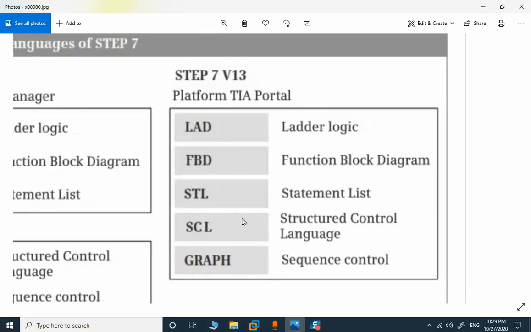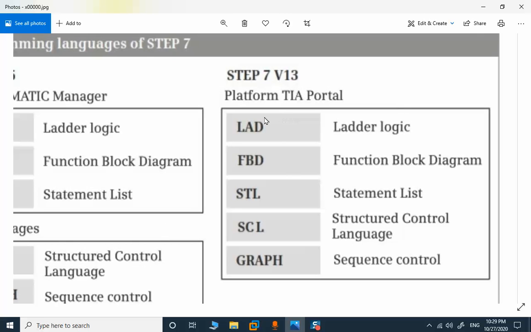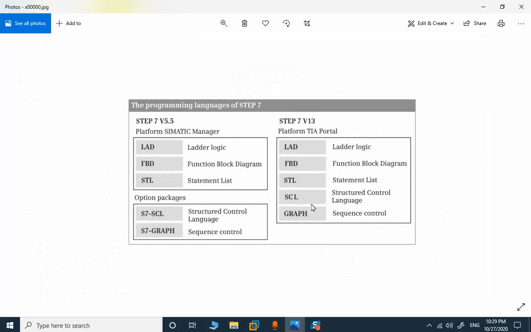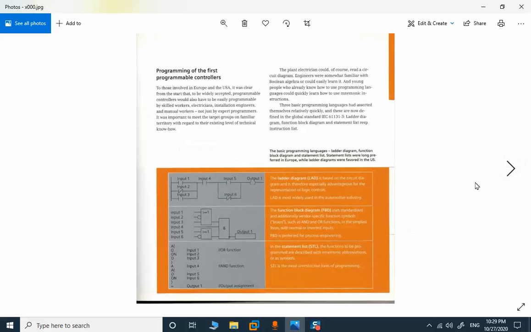The story is different in TIA Portal. All the programming languages are included by default in TIA Portal. You cannot use STL and Graph for S7-1200, but for S7-1500, 300, and 400, you can use all of these programming languages.